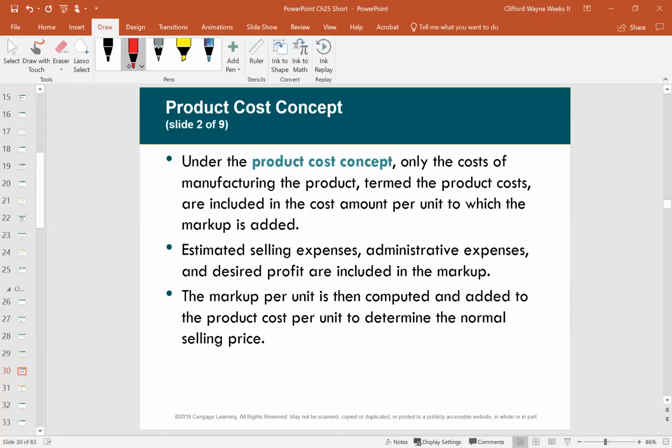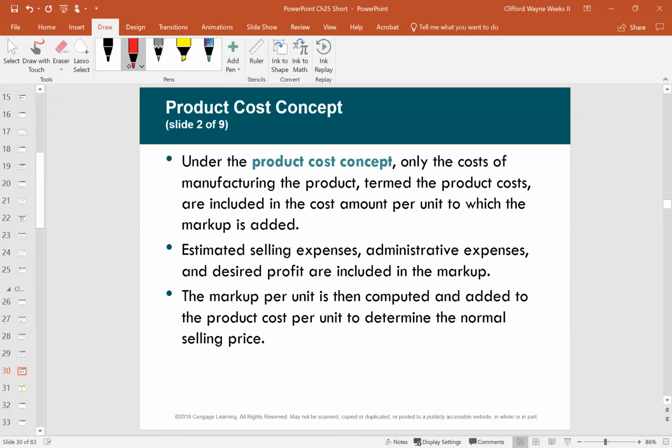And so under product costs, we're only looking at direct materials, direct labor, and factory overhead. We're identifying those. And so we're going to mark it up from our product cost per unit enough to set our selling price that will cover all of our period costs and our desired profit.